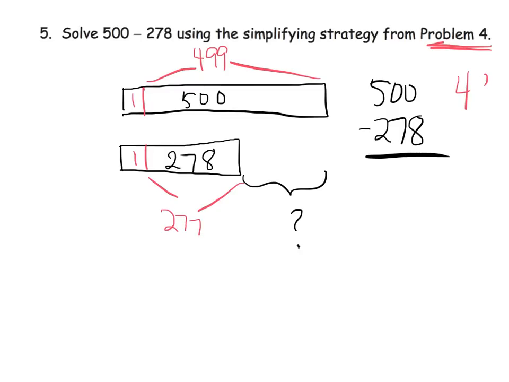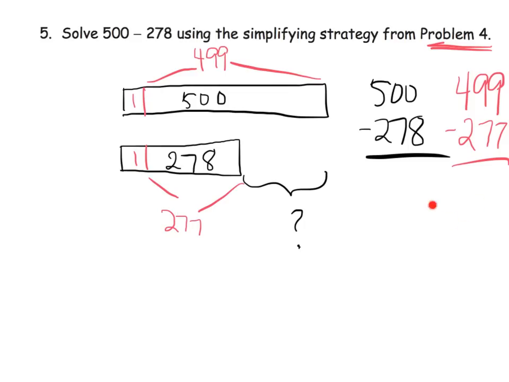So the problem becomes 499 take away 277, and it's the same answer. Both of these problems are going to have the same answer because the gap itself never changed. Only the lengths of the tapes changed, but the gap itself didn't.